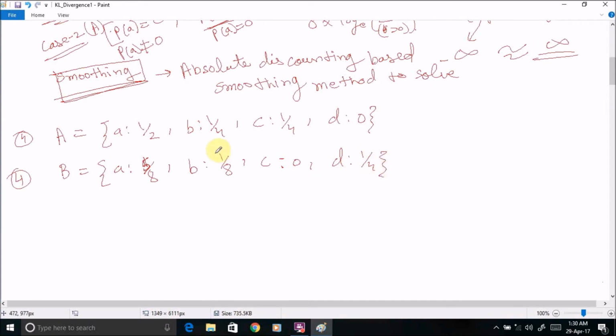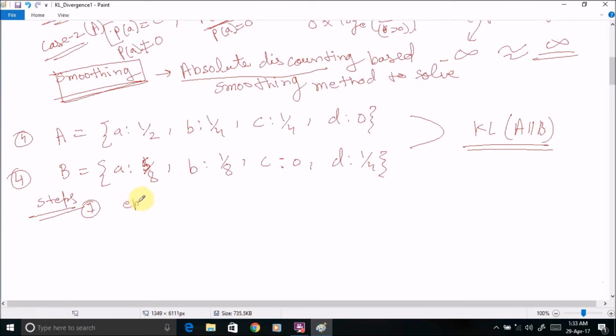Now we have to compute the KL divergence between A and B. So how to compute this? According to the concept of absolute discounting, the steps are: the first step is to take a very small constant, say EPS is equal to 0.0001.